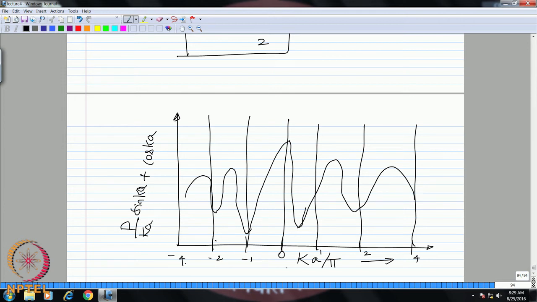About 0 it is symmetric, and you have a peak at 0 and then it goes about like this. So, this is how this function will look.